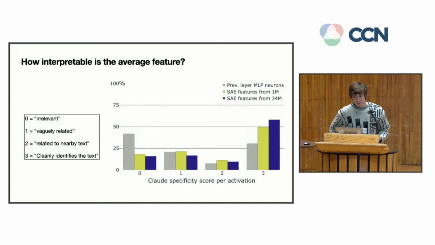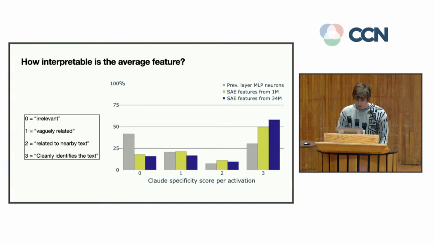The takeaway is that these feature interpretations are not perfect, but they're often decent. Most of the time when features activate, it has something to do with the interpretation the model came up with. Also, really importantly, by this metric, the features are substantially more interpretable than the model's neurons, and also substantially more interpretable as the autoencoders we're training get larger and larger, suggesting that there's more juice to be squeezed out of this method if we were to scale it further.